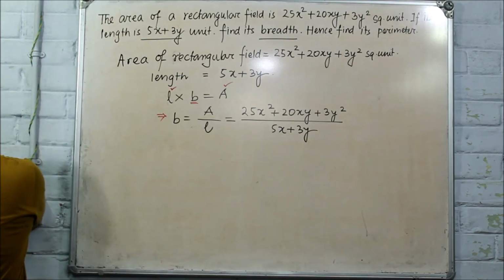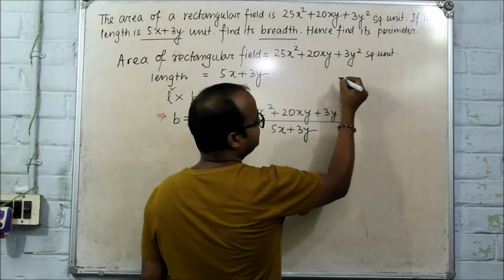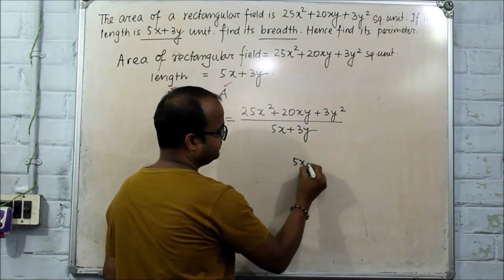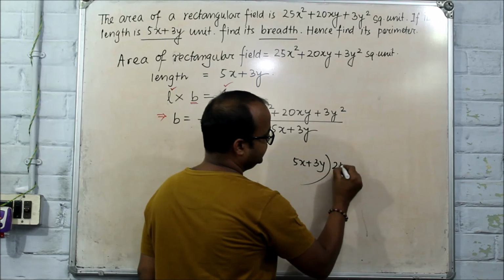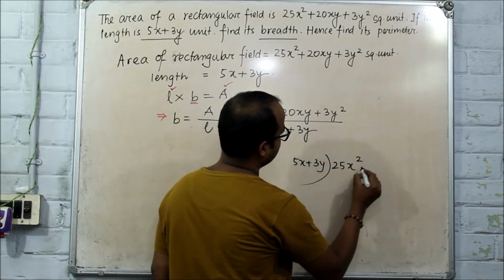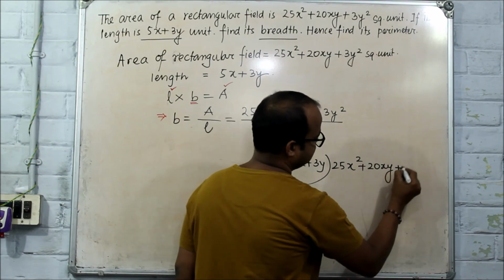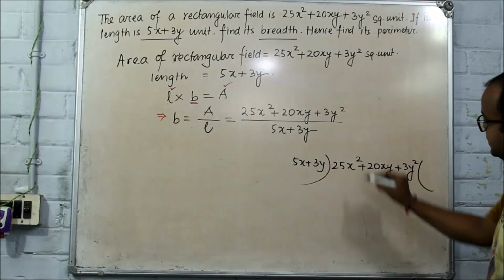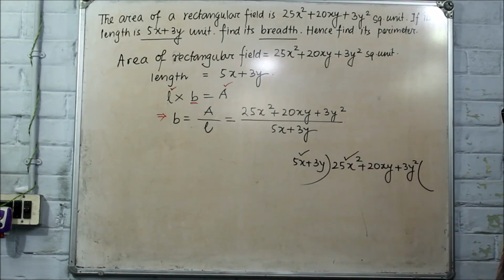Clear? Now we are going to perform the division. So here I am doing it. 5x plus 3y divided into 25x square plus 20xy plus 3y square. Here leading term is 25x square, here leading term is 5x.